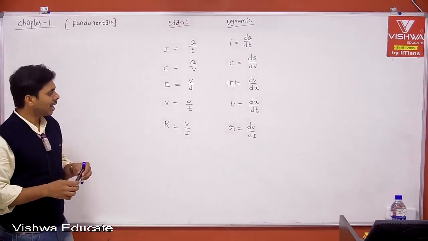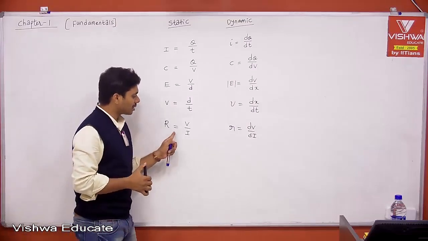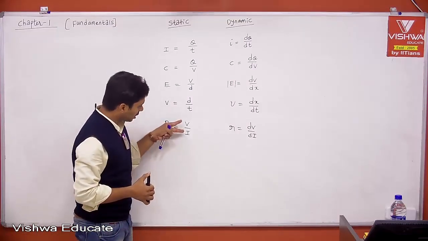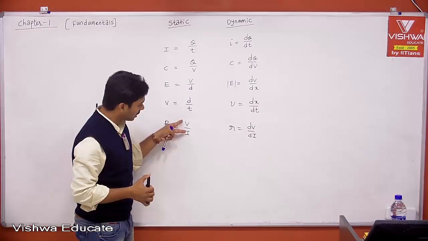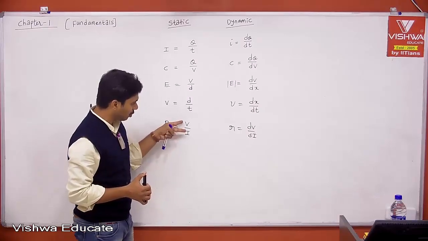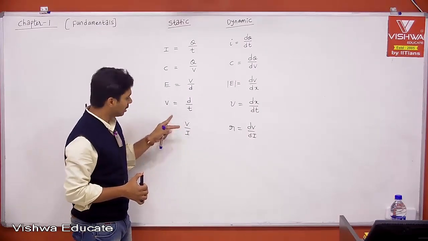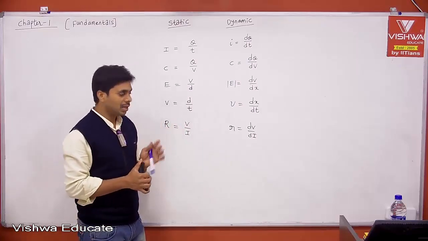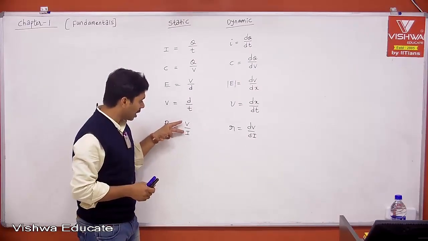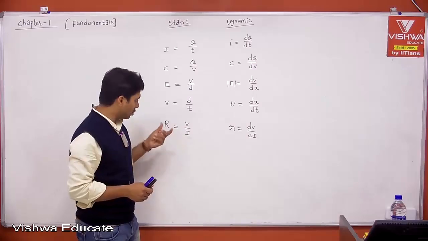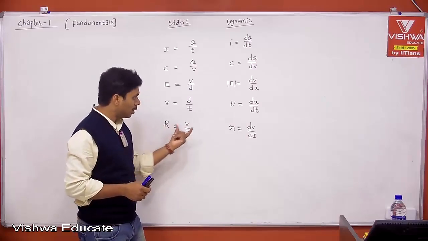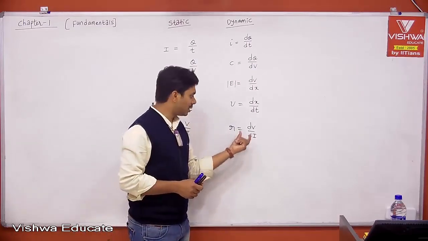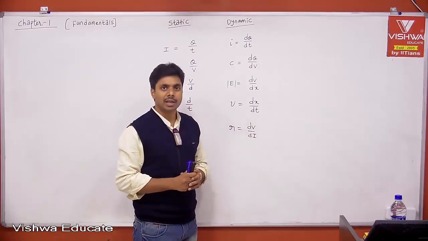Therefore, if the relation between voltage and current is linear, then you can go ahead with either the static way or the dynamic way. If the relation between voltage and current is not linear, then we should not define resistance in a static way. We should go to the dynamic definition, which is delta V by delta I.